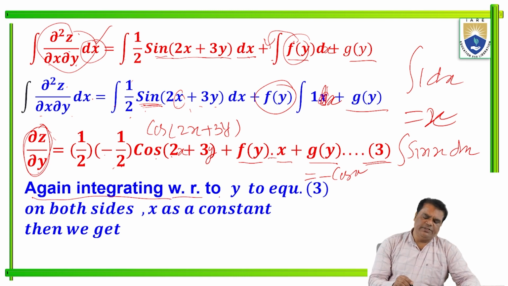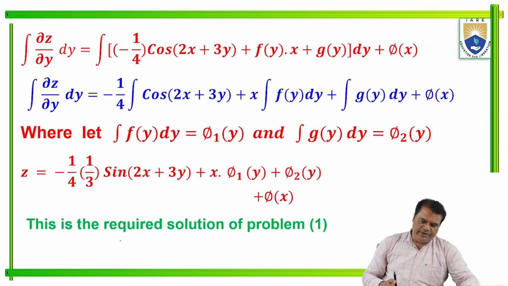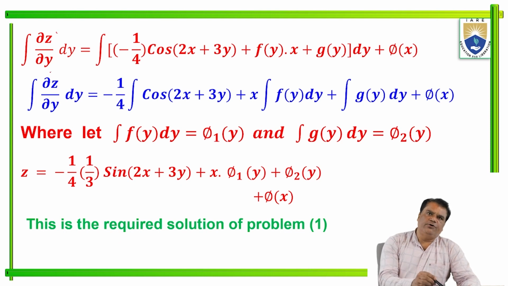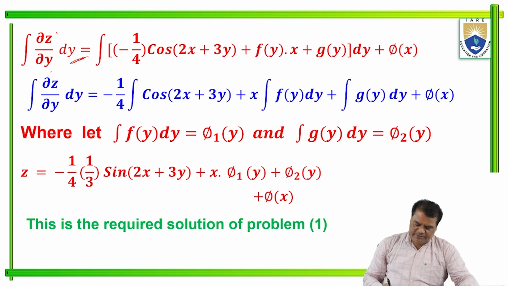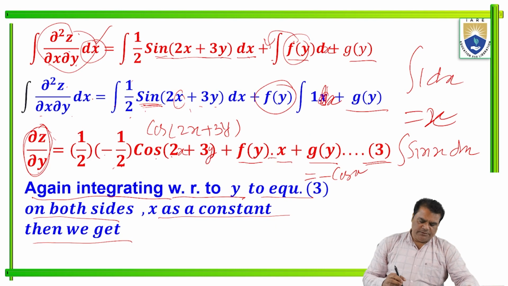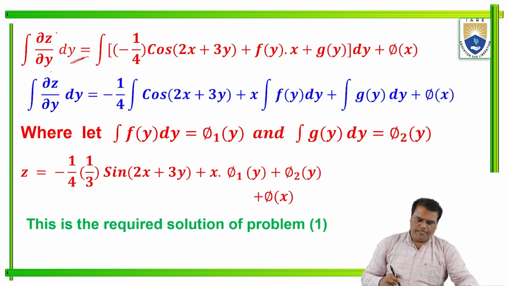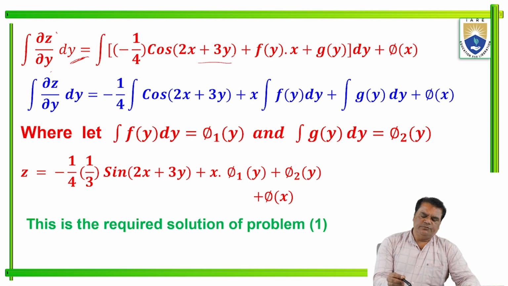So again integrating with respect to y, equation 3 on both sides, x as a constant, then we get here: integrating ∂z/∂y with respect to y equals minus 1/4 cos(2x+3y) plus the bracket f(y)x and g(y) in dy plus phi(x).